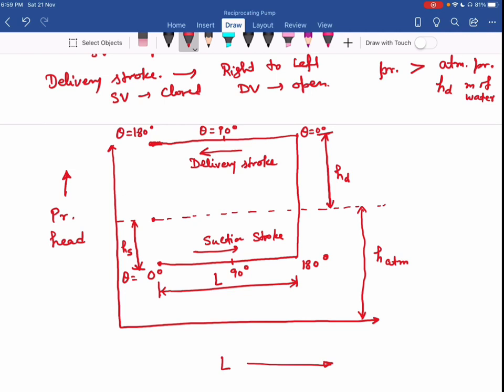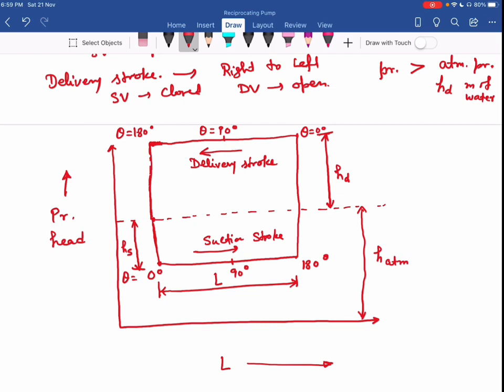So at the end of the delivery stroke, my delivery valve closes, suction valve opens, and now again the pressure drops to atmosphere. Okay, then with the opening of suction valve and piston starts moving from left to right, the pressure drops to less than atmospheric pressure. So this completes my indicator diagram.